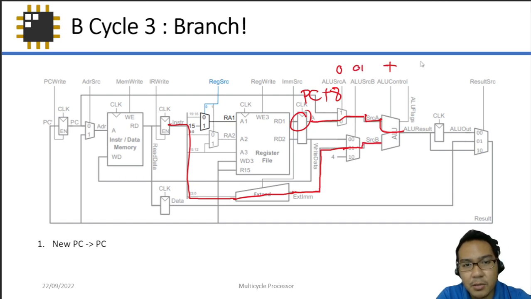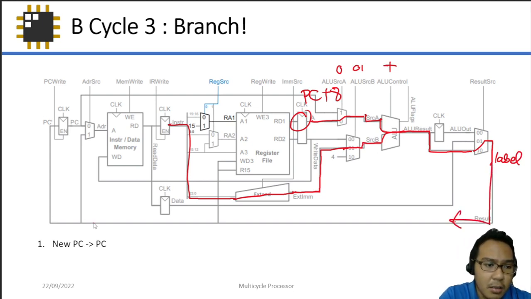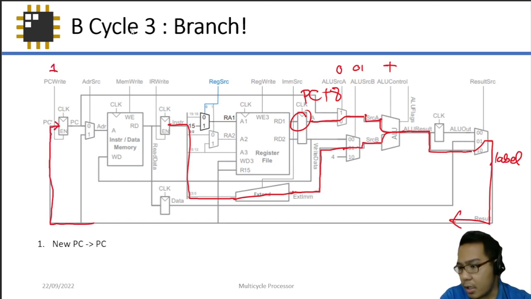So this thing we need to choose 0, 1, and now you have label minus PC plus 8 plus PC plus 8 equals label. So now you have label coming out of here. So this is label, and then it goes out, and then you put it back into the PC, and PC write is 1 for this.